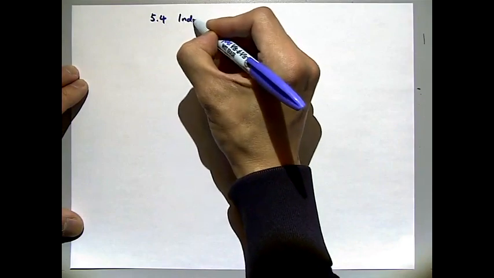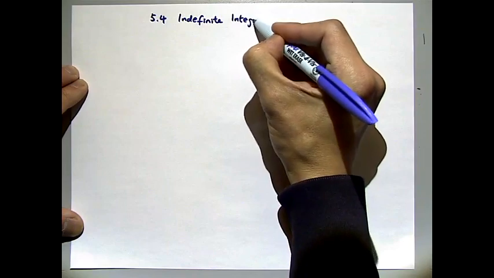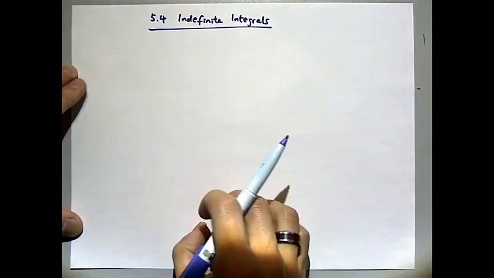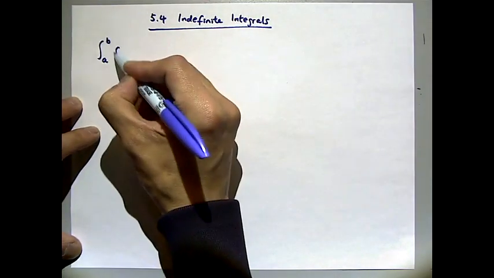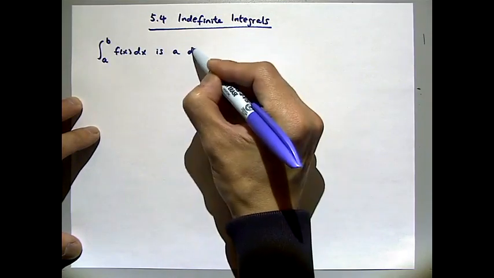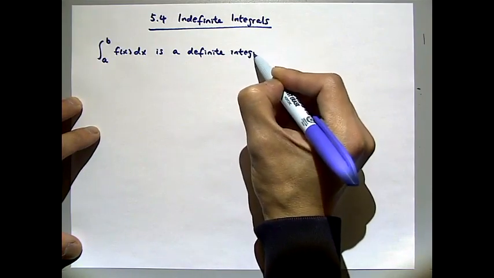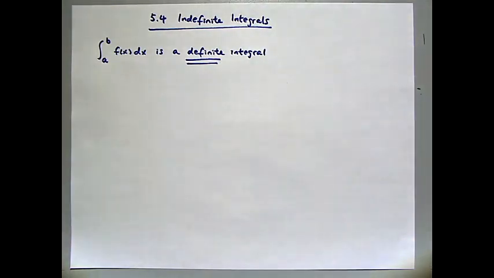Okay, in 5.4, we talk about indefinite integrals. The integration of f of x from a to b is a definite integral.